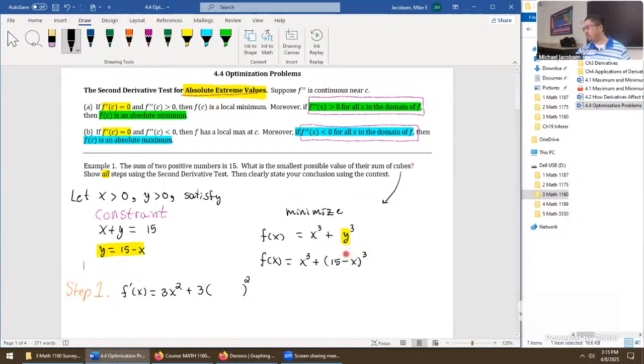Then look at what's on the inside. The inner function is 15 minus x, so I would drop it right here. Then go times, we're multiplying by the derivative of 15 minus x. That's usually what we wrote in here, the derivative of 15 minus x. But we know that derivative is going to be 0 on the 15. The derivative of negative x is negative 1.